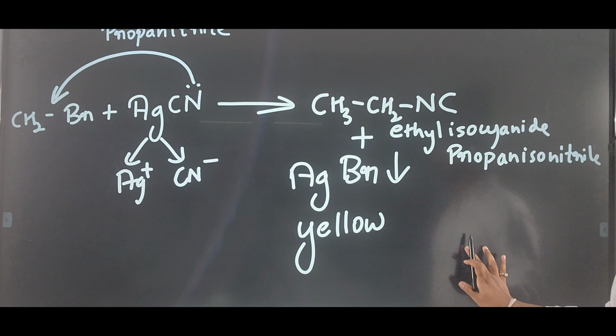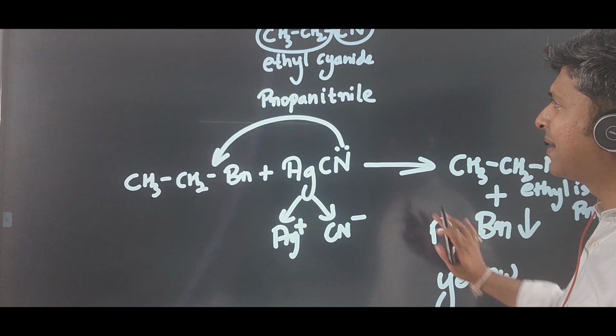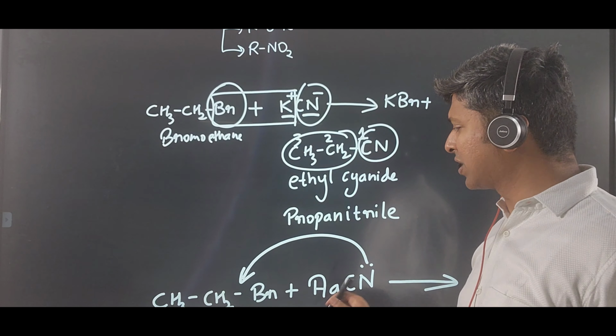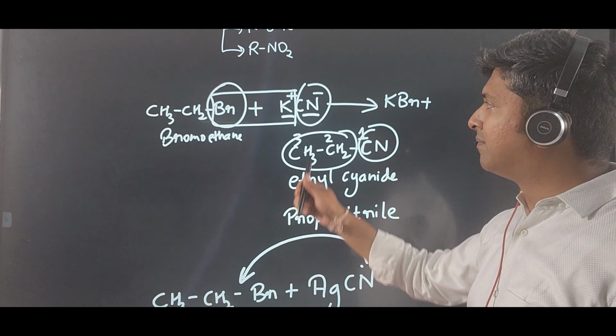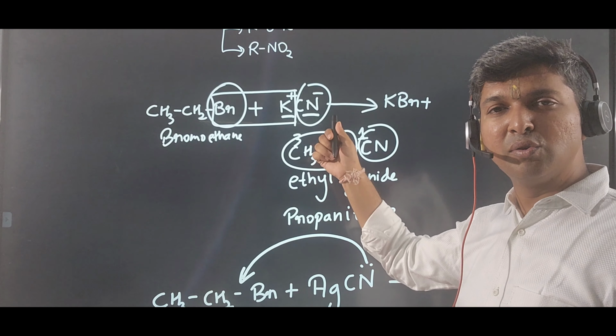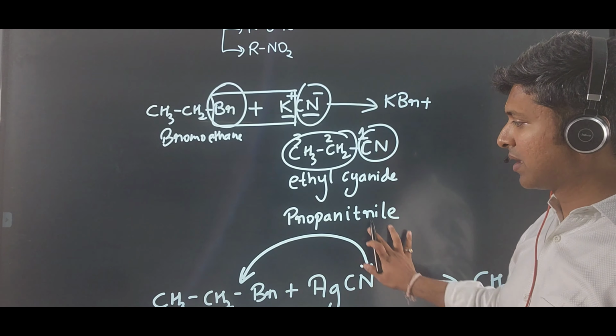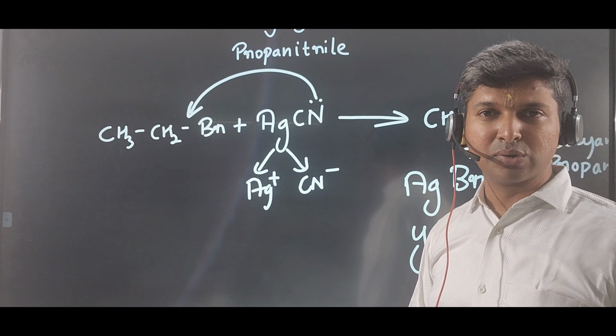Earlier it was propanenitrile, that's what we had formed. Here we are going to get propane isonitrile because in place of KCN, we have used AgCN. You need to remember this. Because if you use KCN, you get cyanide product. And if you use AgCN, you are bound to get isocyanide, because of the slow dissociation.